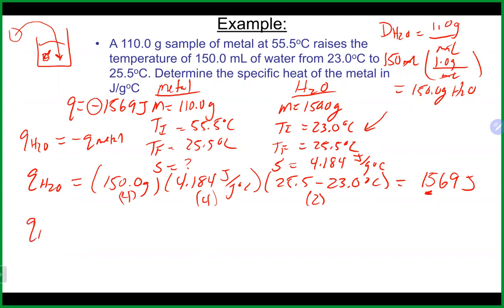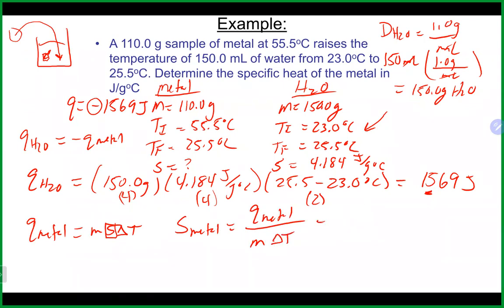So our Q of the metal equals M S delta T, solving for S. S of the metal would be Q of our metal divided by M delta T: negative 1569 divided by the mass of the metal, which is 110 grams. And once again, here we want to go final minus initial for the metal.